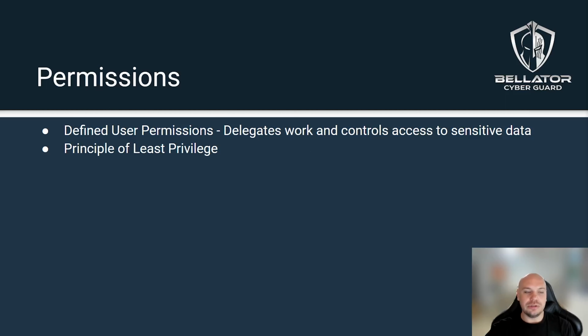This principle essentially refers to having the least amount of access necessary to do your job. The idea is that it's always better to have too little access and need to request additional access, rather than have too much access and access to data you don't necessarily need to be seeing or have available to you.